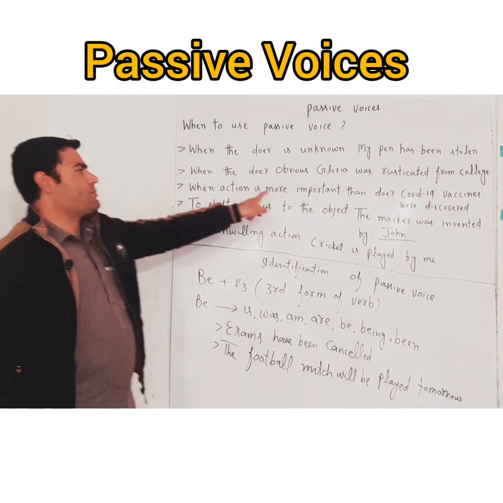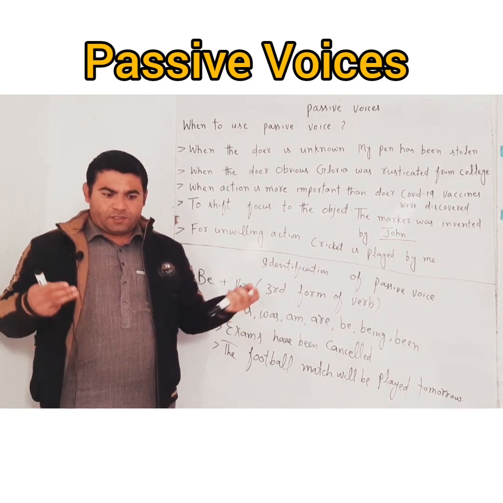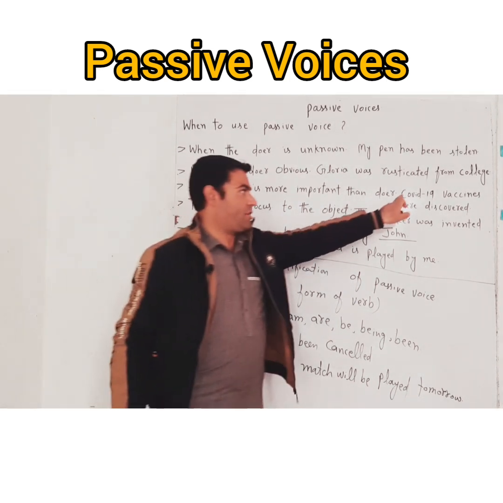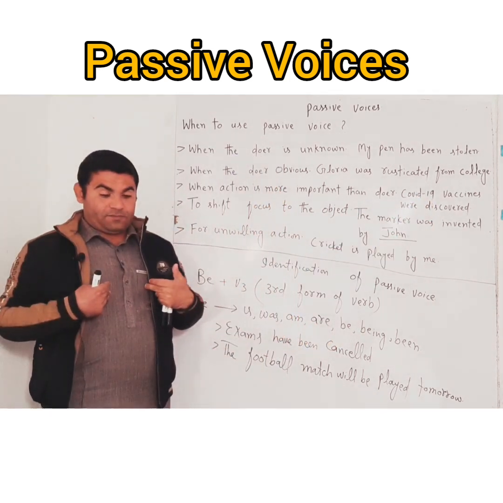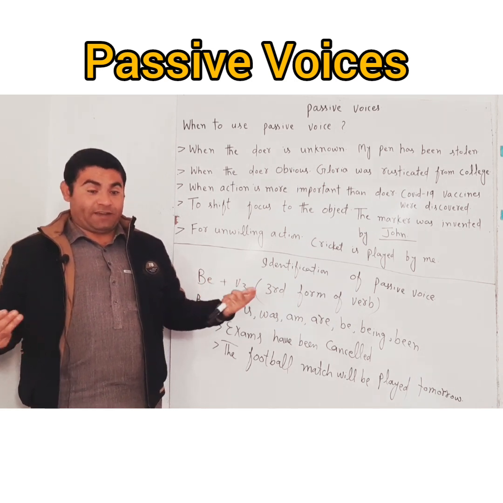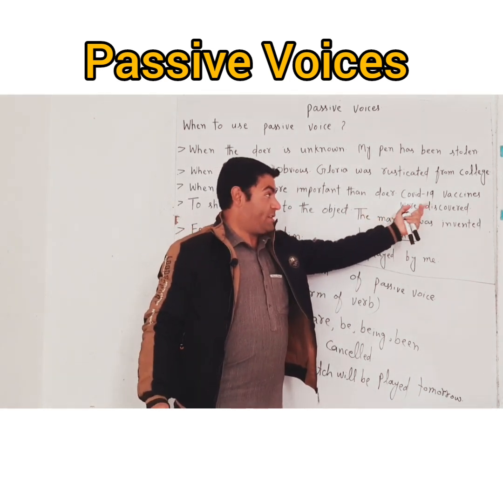When action is more important than the doer. Sometimes, we just want to talk about the action. For example, we say COVID-19 vaccines were discovered. Honestly, I don't know who discovered COVID-19 vaccines. But what I know is that COVID-19 vaccines were discovered.